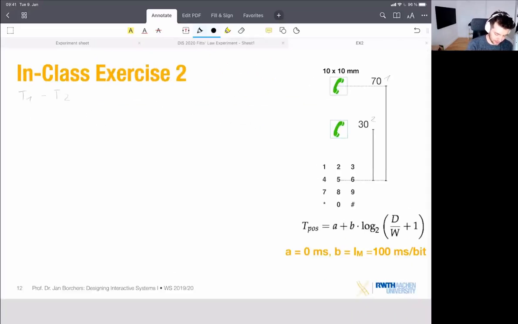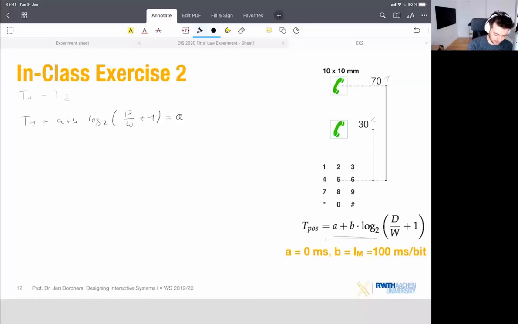What we have in mind again is the formula down here. A and B are constant. So let's calculate T1 first. T1 is equal to A plus B times the logarithm to the base of 2 of D divided by W plus 1. So let's put in these numbers here.